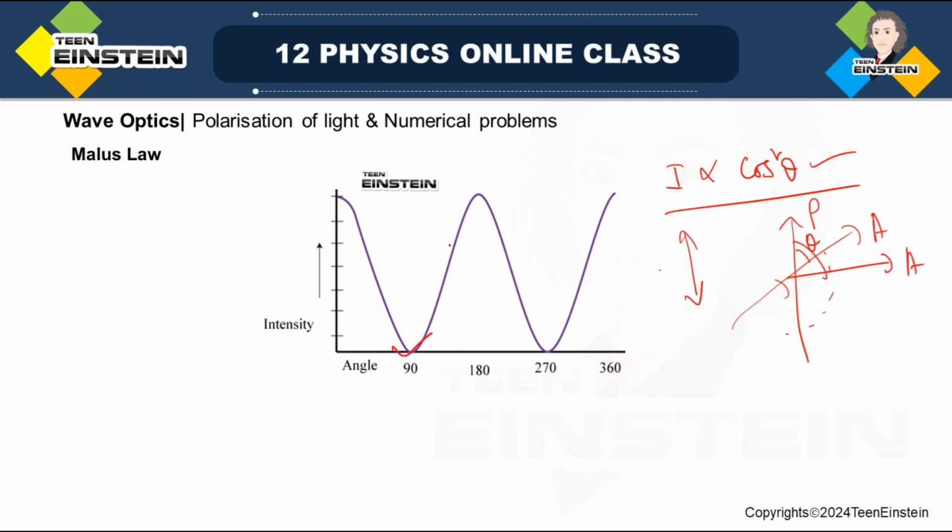At 180 degree, cos theta is minus 1, so cos square theta is 1. At 90 degree it is minimum, at 180 it is maximum, at 360 it is maximum intensity, and at 270 it has minimum intensity, as at 90 and 0.